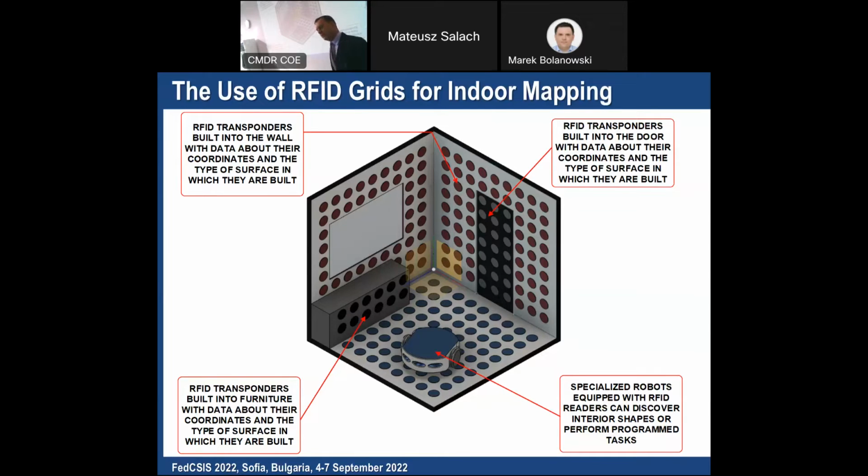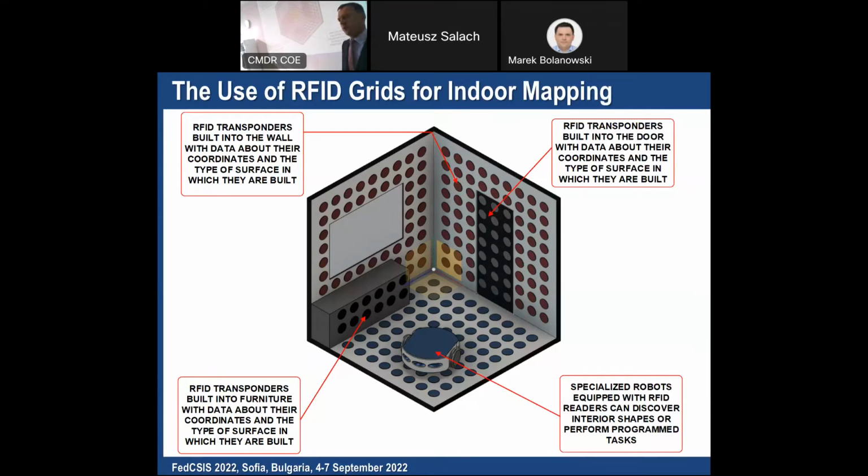And in some of the solutions, we have special transponders called active transponders, which may present additional data by using the built-in sensors. For example, they may provide temperature or humidity.